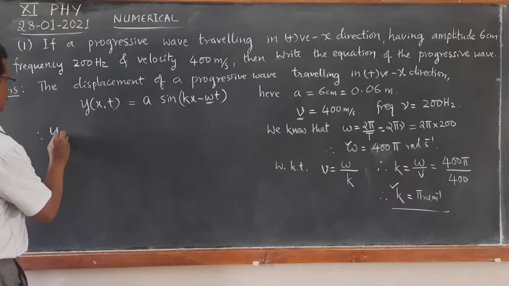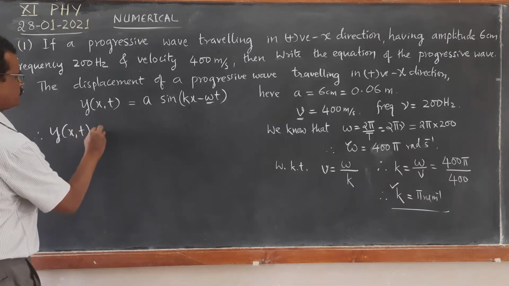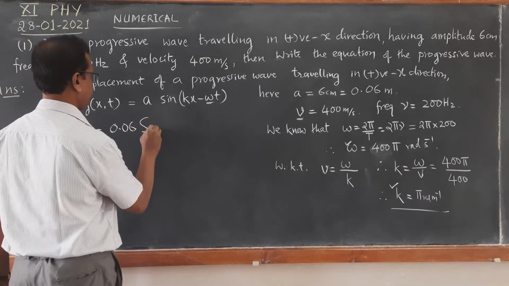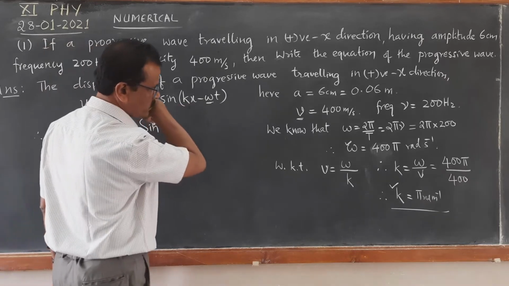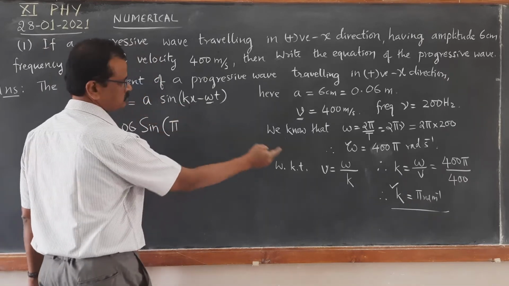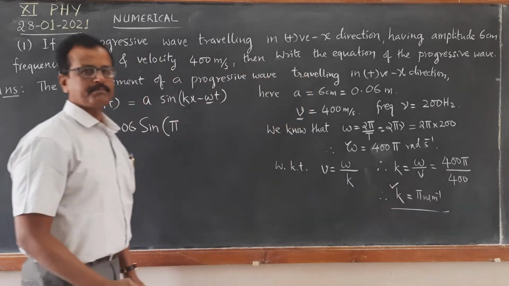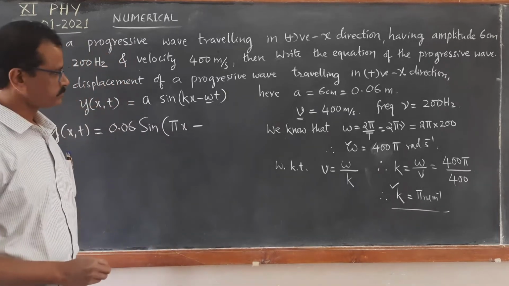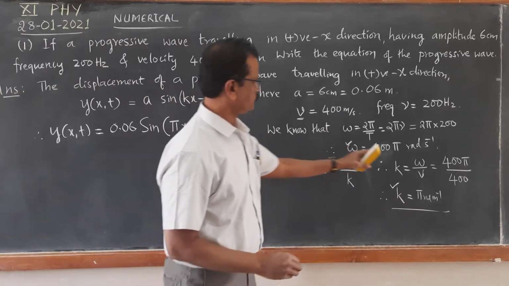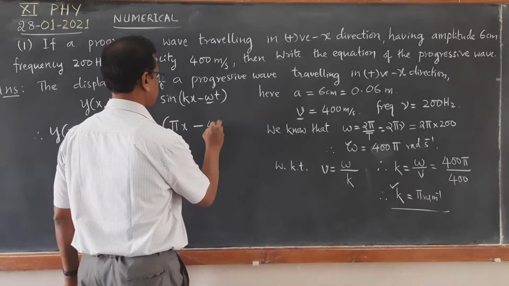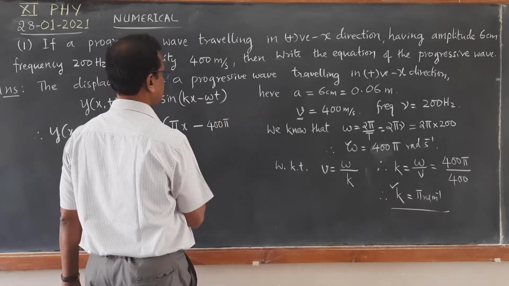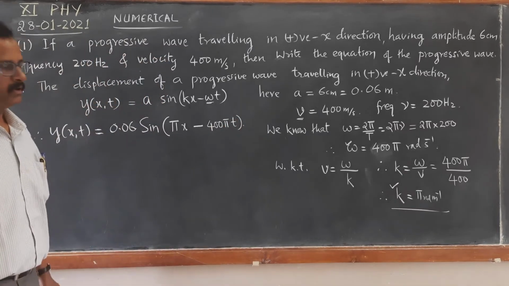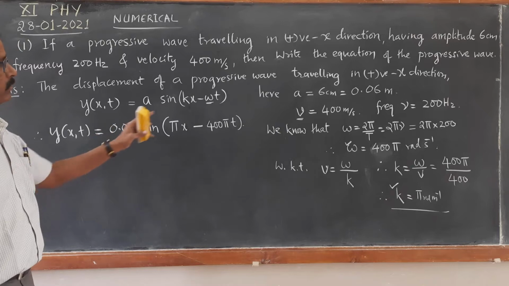Therefore y(x,t) now becomes equal to 0.06 sin(pi x minus 400 pi t), where k is pi radian per meter. So this becomes the equation for the wave traveling along positive x direction.